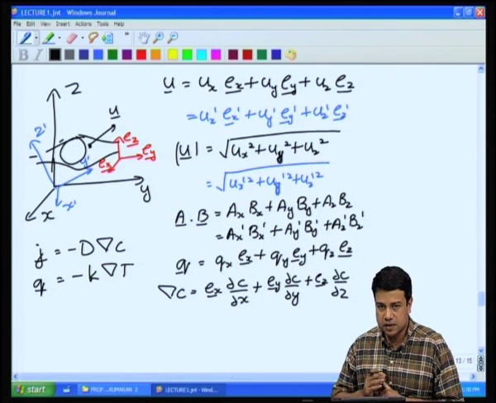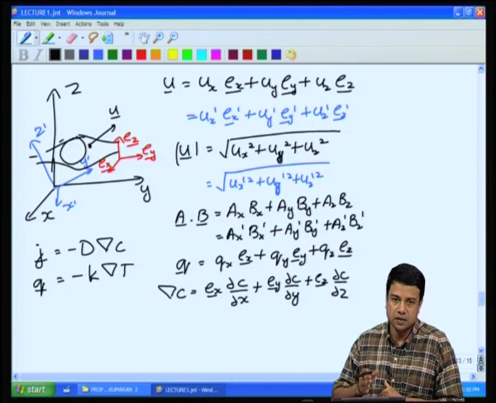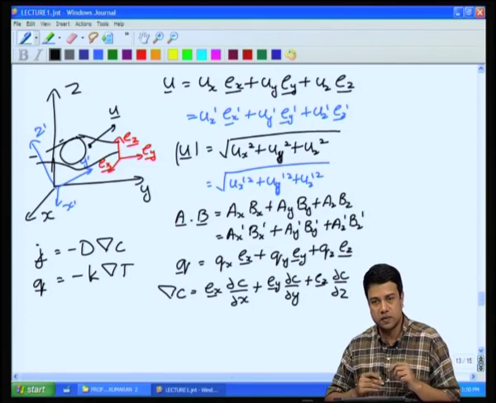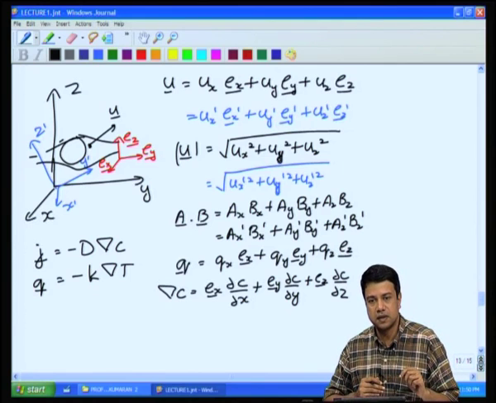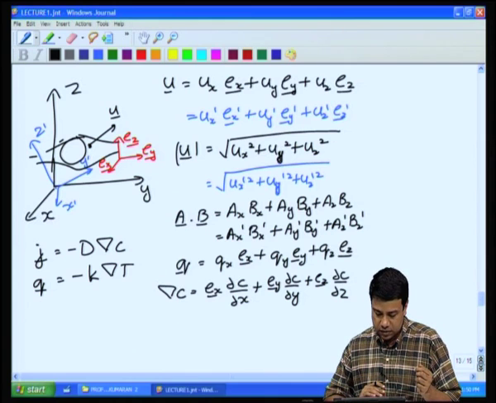The component in each direction is the partial derivative of the concentration with respect to variation in that direction. So, partial c by partial x, if I go a small distance delta x in the x direction, keeping delta y and delta z constant, the variation delta c divided by delta x, while y and z are kept constant, is the partial derivative.